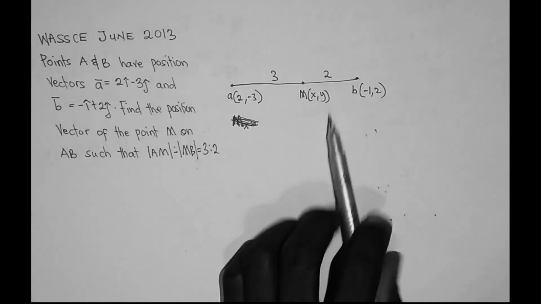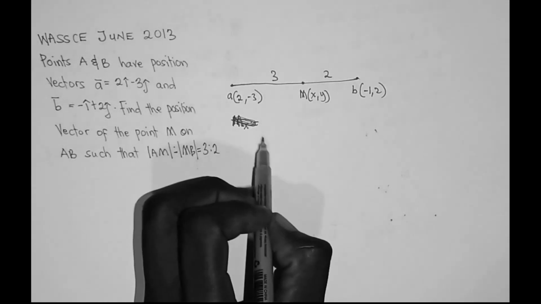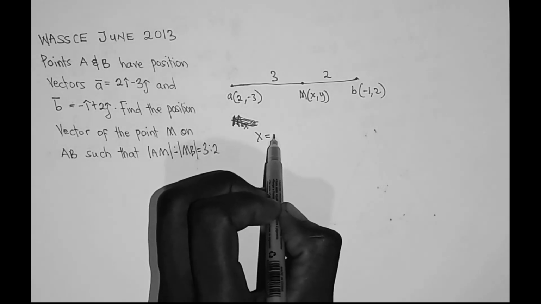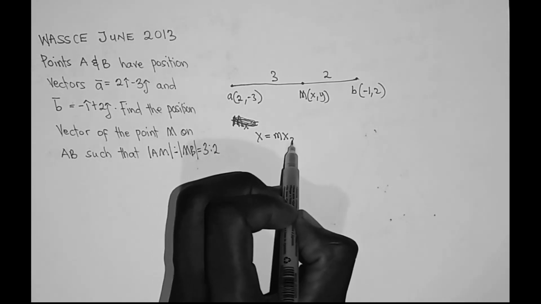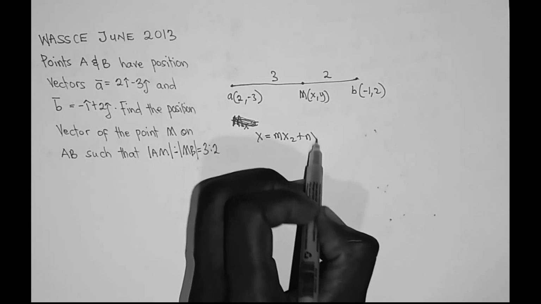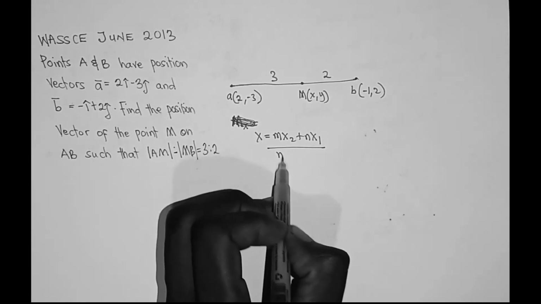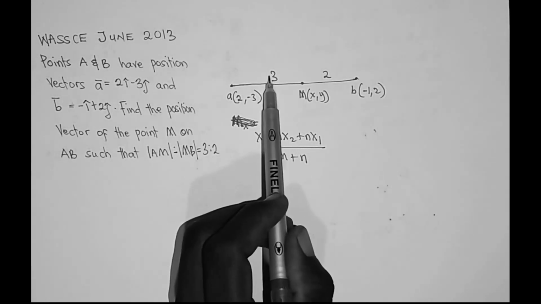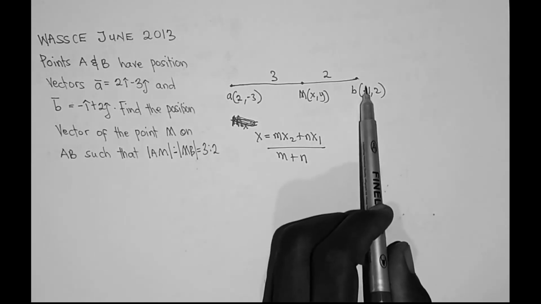So let's find the X component of M. So X is internal division of a line. It is (m x2 plus n x1) divided by m plus n. So m times x2, which is minus 1.